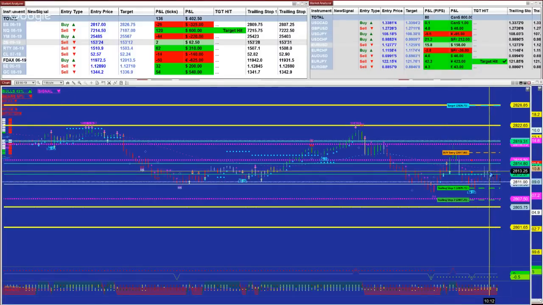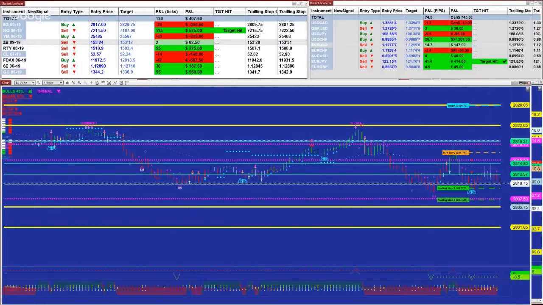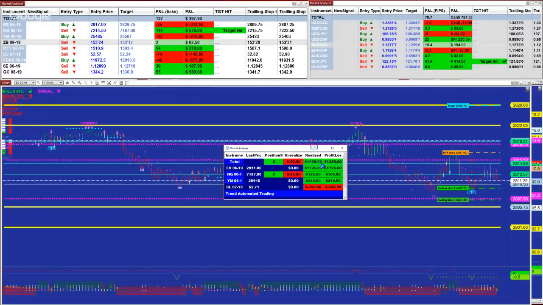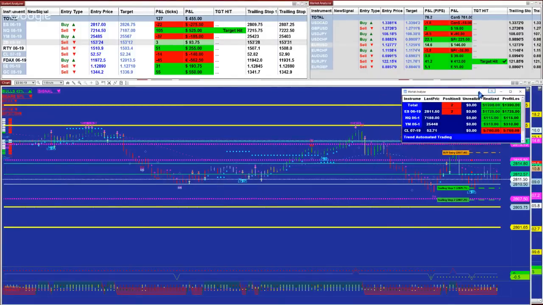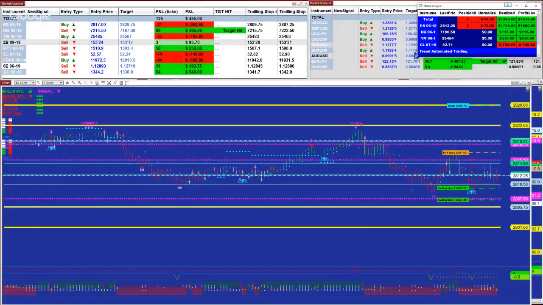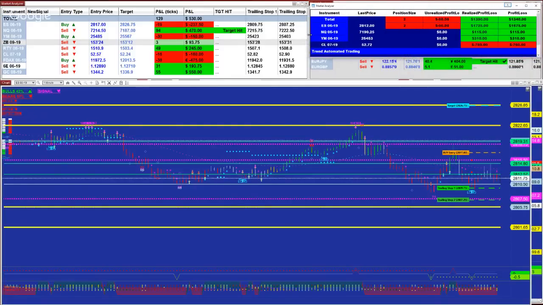And actually, even on the scalper, today it was a little over 2000, and now it is down to 1700 because of those bad trades. And the CL this morning on the scalper got hit as well.